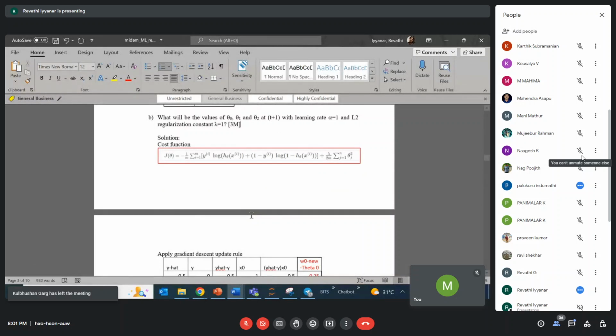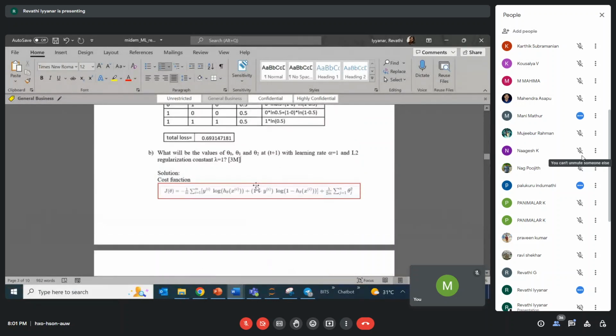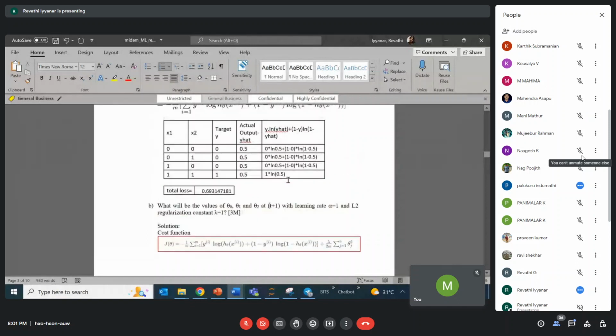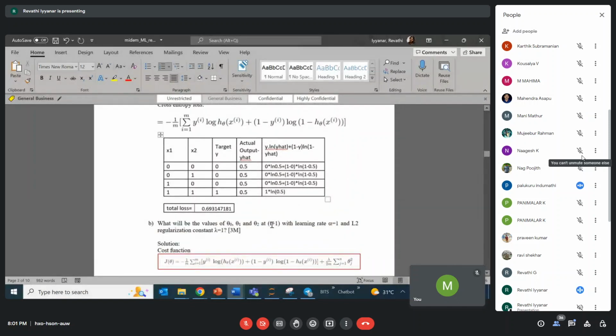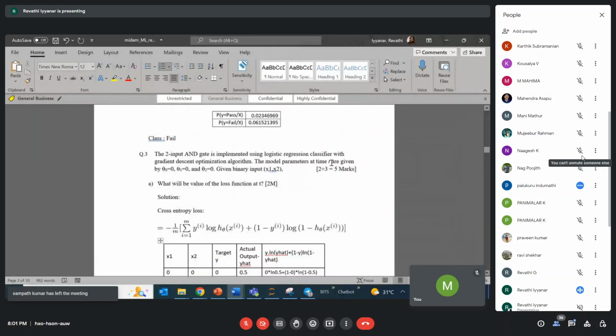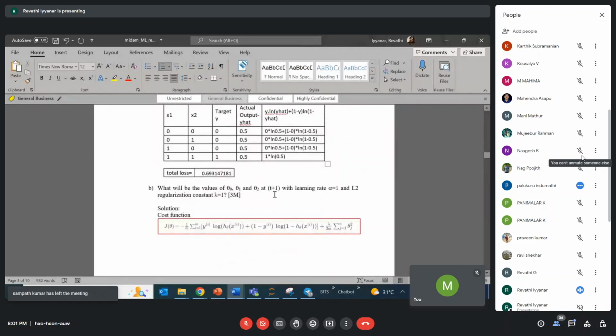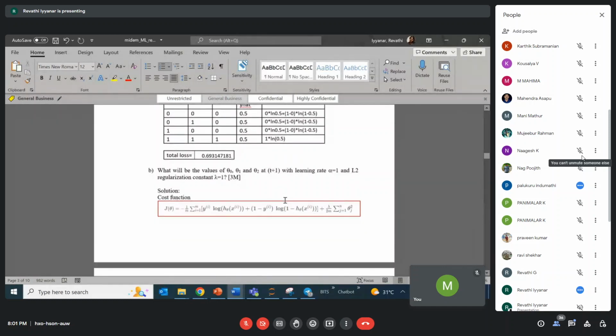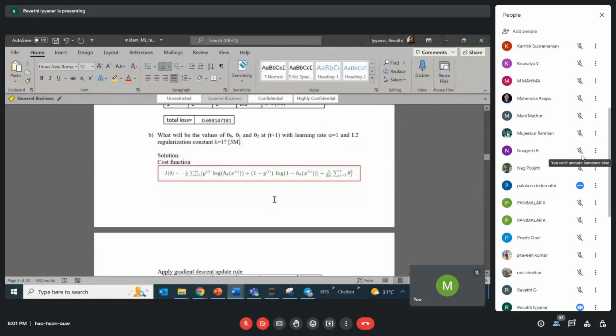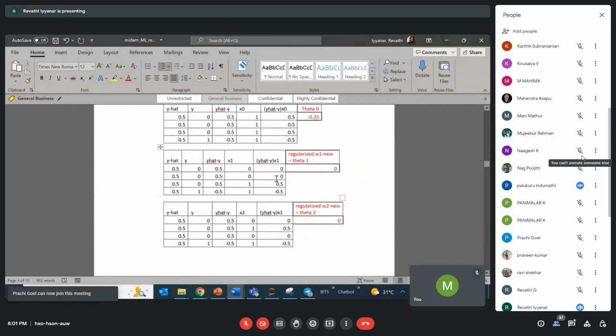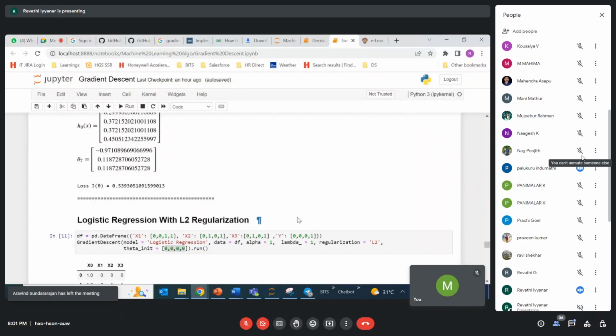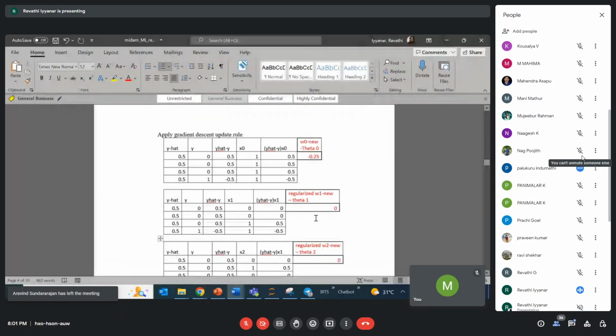They've given the initial values at T. So they want to find the values for T plus 1. So assuming that this is the first iteration, here they've given values only for first iteration. After first iteration, what's the value? So value at T plus 1.